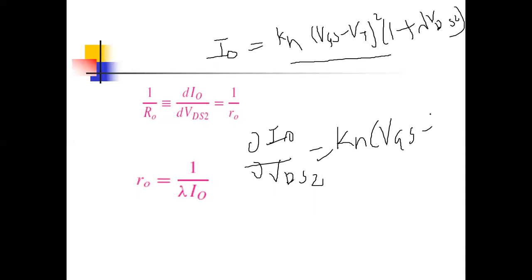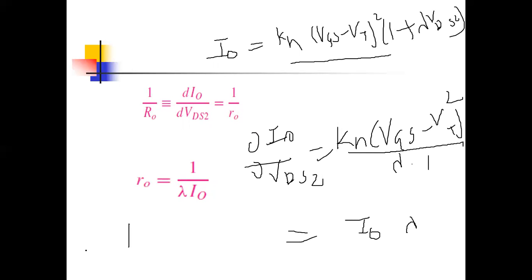The differentiation of 1 is 0, and for lambda into VDS2, lambda will be there and the differentiation of VDS2 will be 1. And it is the formula of I naught without channel length modulation. It is I naught into lambda.